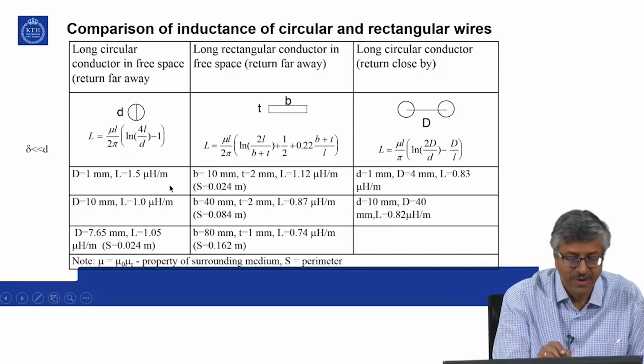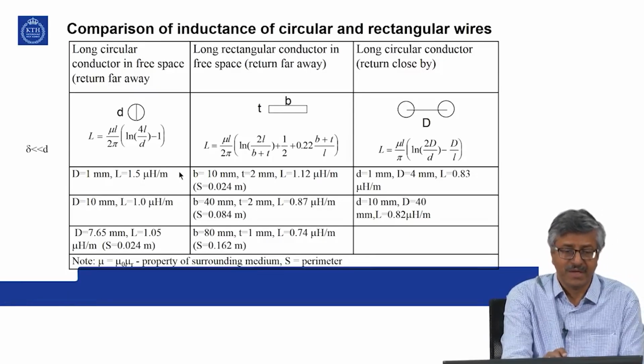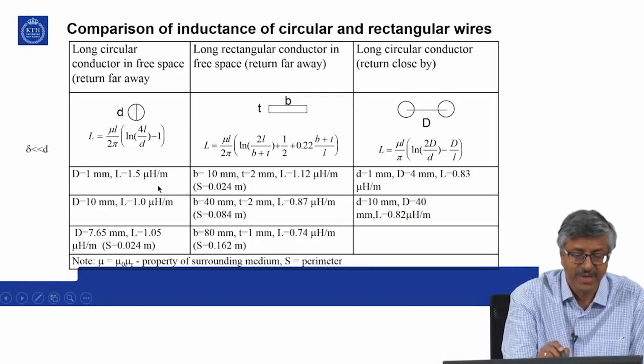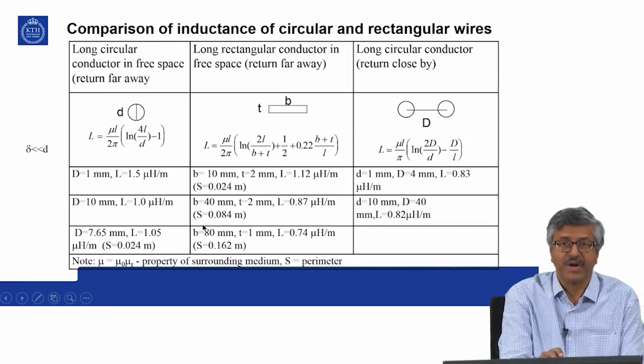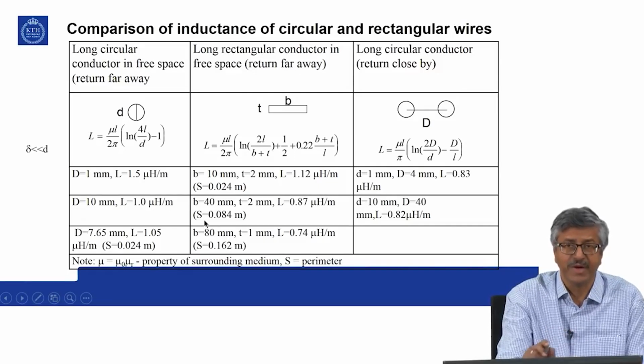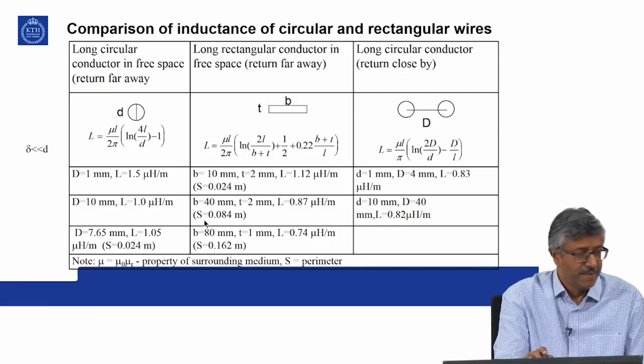But instead of a 1 meter wire, if you use a 0.5 meter wire, your inductance becomes 0.75, half of 1.5. So, reducing the length of the wire is more effective in reducing the total inductance than increasing the thickness.